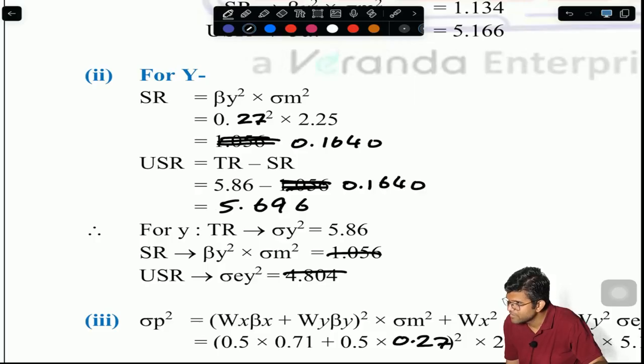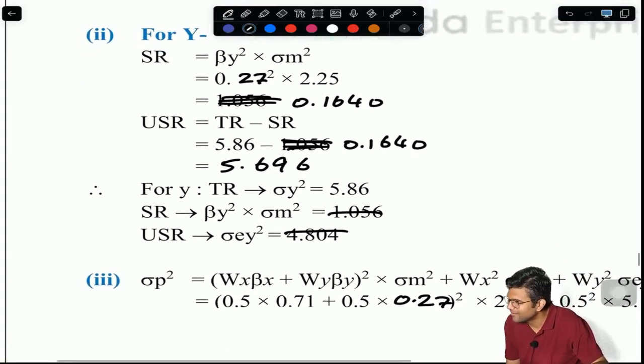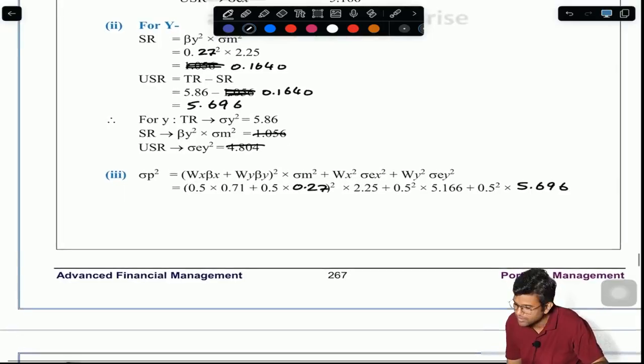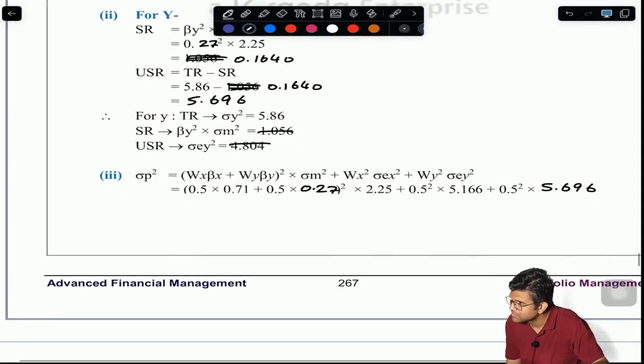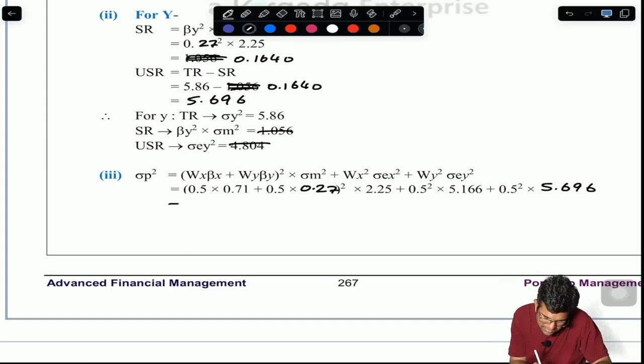Okay. Alright. So this is correct, no? Achha, now just check the last. Have I put the numbers correctly? Now tell me the final answer.